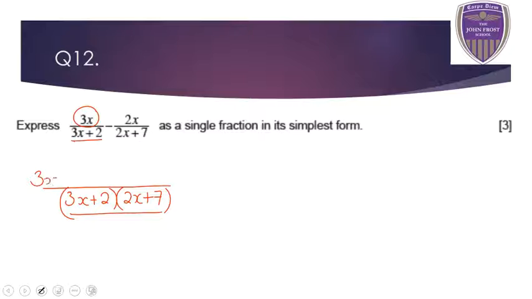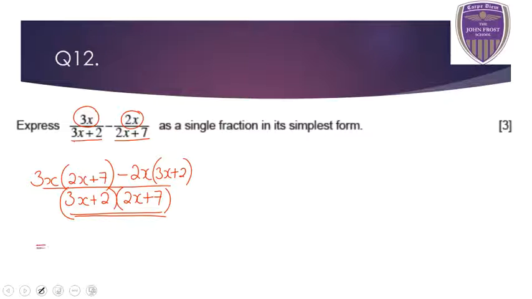So 3x times 2x plus 7 minus, how many times does this divide into this denominator? Will be 3x plus 2. Because they multiply, it'll divide in and it'll be 3x plus 2. But don't forget, you've got a 2x outside. So 2x times 3x plus 2.